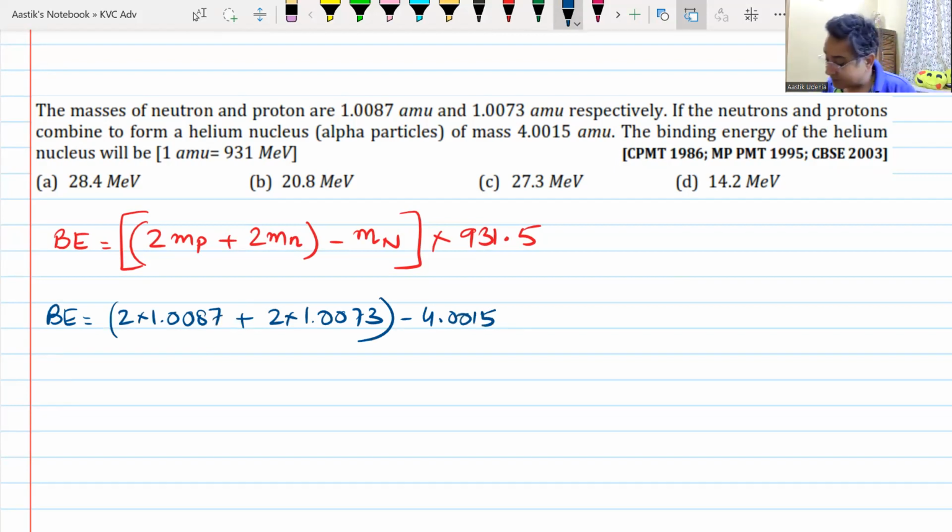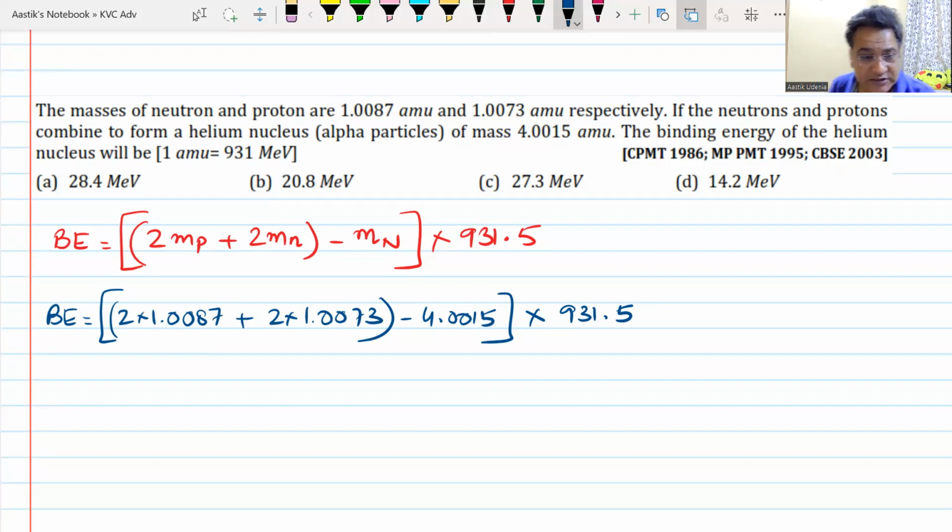and you will see this will be multiplied by 931.5. You will see here that the energy of the reactants is more than the energy of the products, and therefore energy would be released, and the Q value of this reaction, if you want to find out, will be coming as positive.